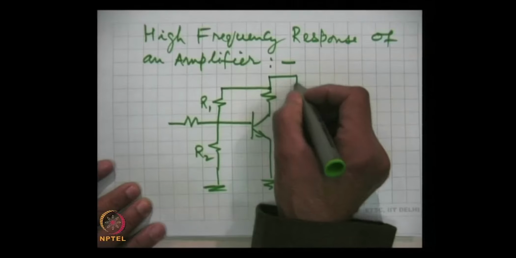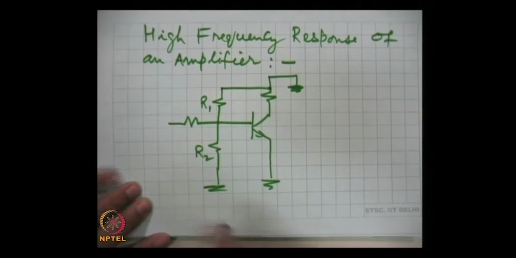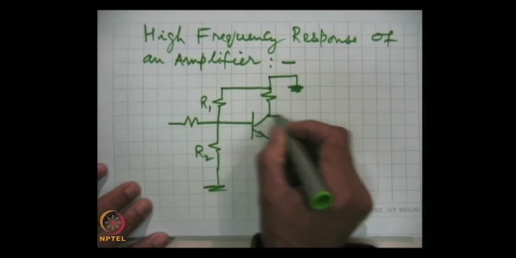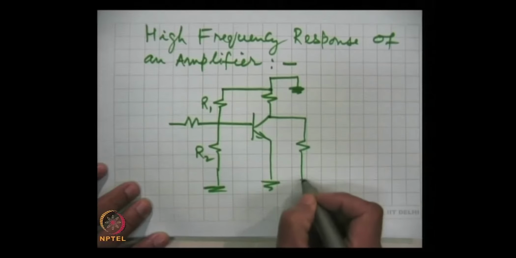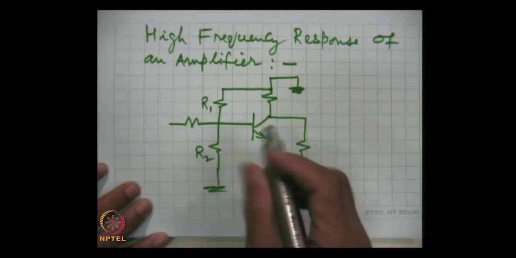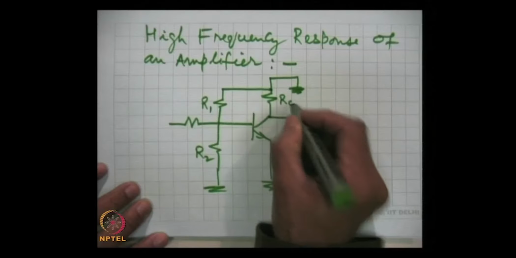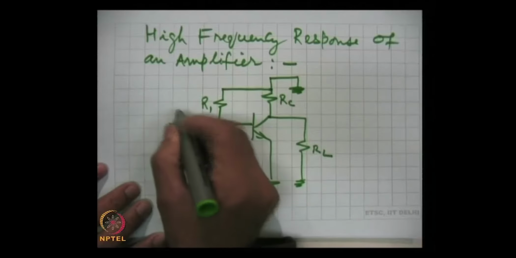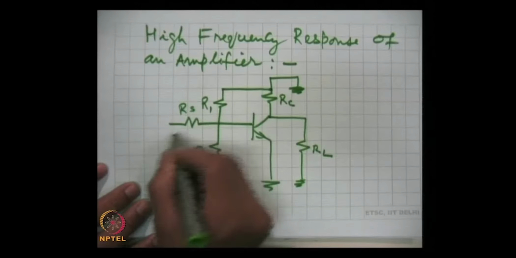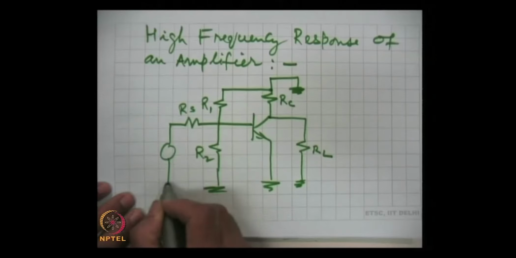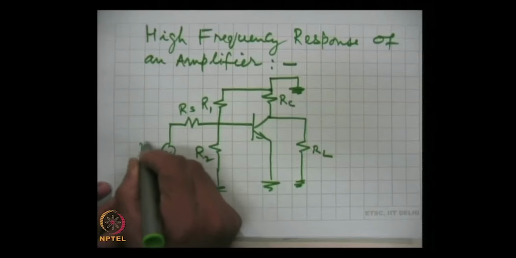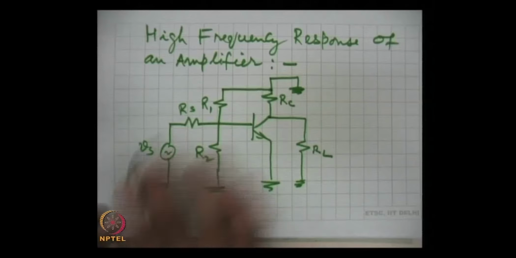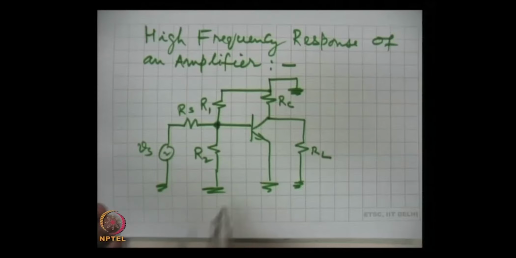So, VCC we ground, and that capacitor, once it is shorted, this is RC, this is RL, and these are the two resistances, this is the source resistance and this is the AC signal Vs. This is the equivalent circuit, AC equivalent circuit of the amplifier.